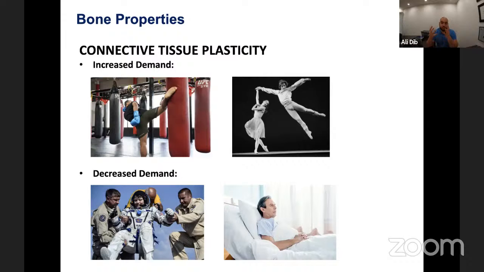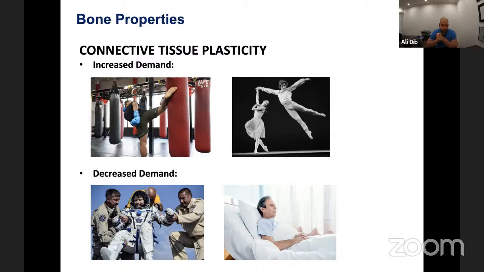And then our examples of decreased demand include the astronaut that just came back from space where gravity was not a thing. And on the bottom right, we have our bed rested patient who is not moving at all. So we're not experiencing many muscle contractions. There's a lot of rest happening, not a lot of demand being put in the right way. Gravity is still obviously being exerted, but because of the lack of movement, you're getting a decreased demand compared to what you would normally see in the human body.